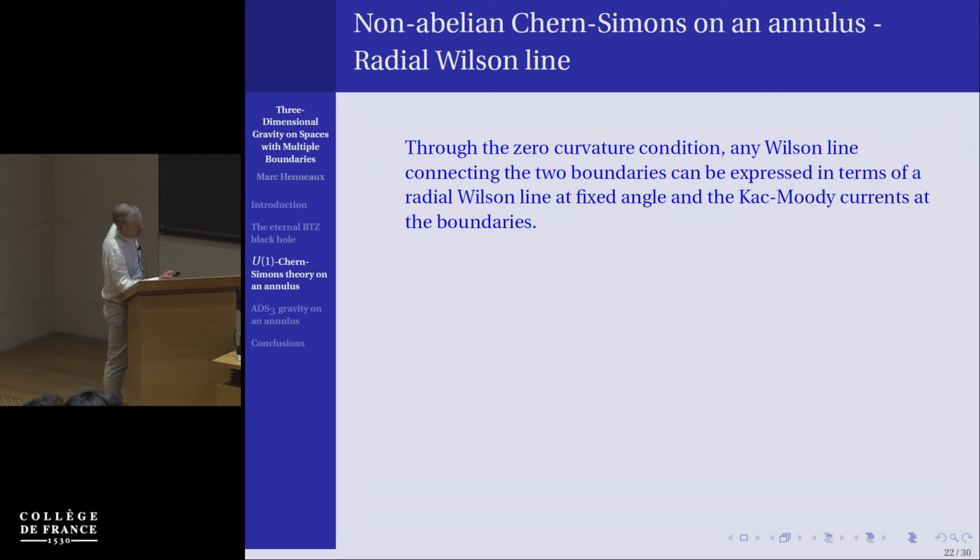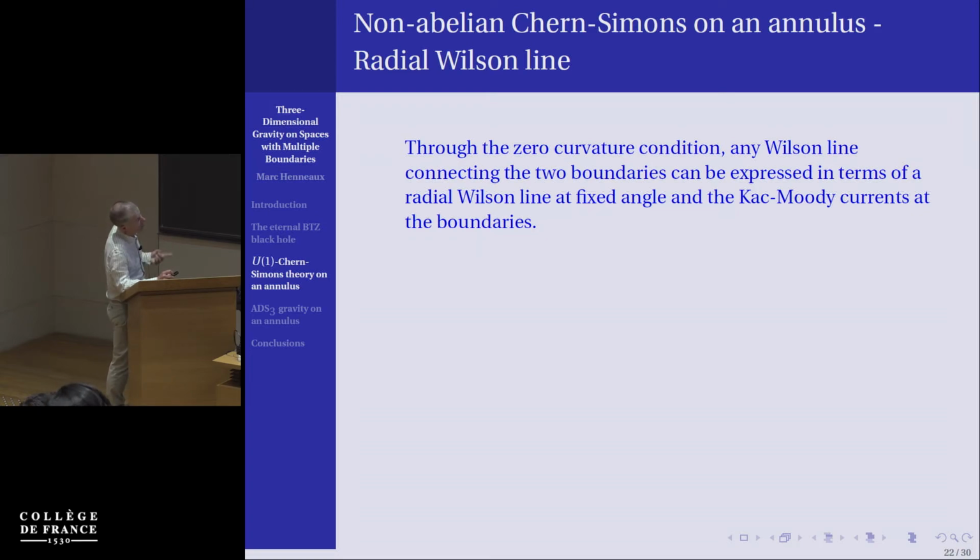And again, there is only one independent Wilson line, independent from what lives at the boundary, since I can express any radial Wilson line along the radial direction in terms of any other with different endpoints on the boundary, but then I would have also integrals over the boundaries of the vector potential, component phi, and that's the Kac-Moody currents.